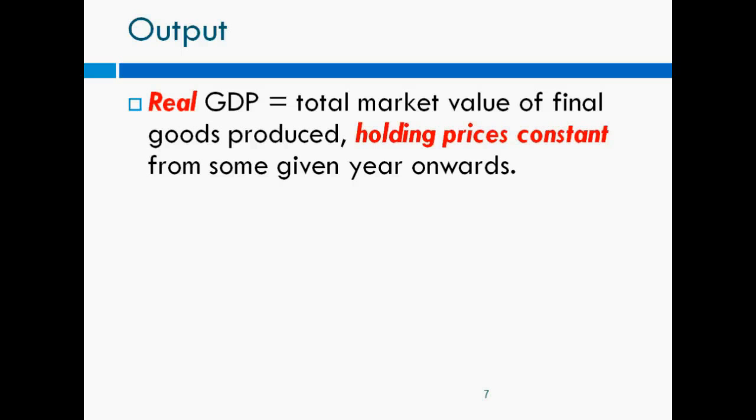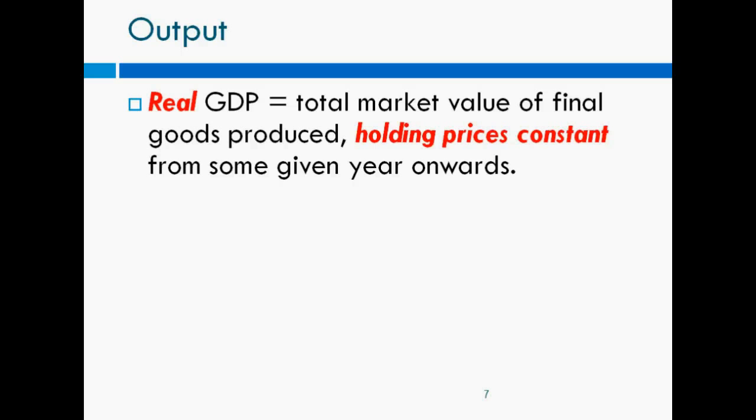So here, with nominal GDP, the reason that the GDP can rise is because the actual number of goods and services produced in the economy could get larger, but also the prices of the goods and services sold in the economy could also increase.